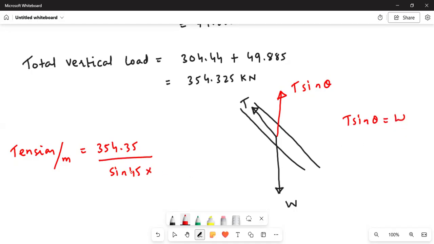Okay. But we are finding tension per meter. Per meter means the circumferential distance that we need to divide here. Pi into 2.14. So tension per meter equals 74.53 kilonewton per meter.